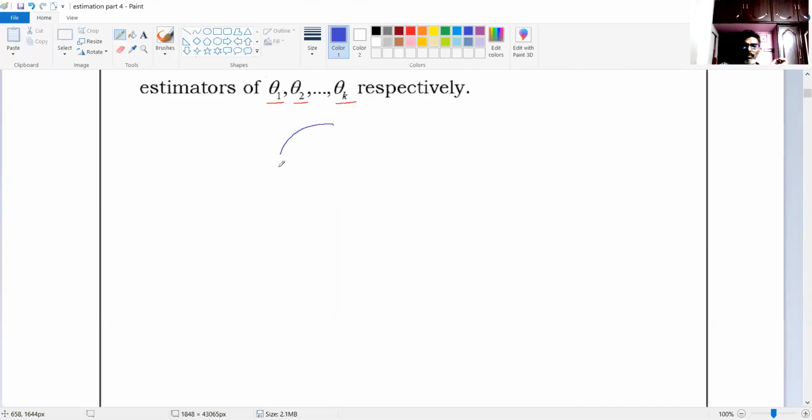Here is a population. The population parameter is theta. The population moment is denoted mu r dash. Now calculate the rth population non-central moment. The formula is summation x power r into p(x) when X is a discrete random variable.